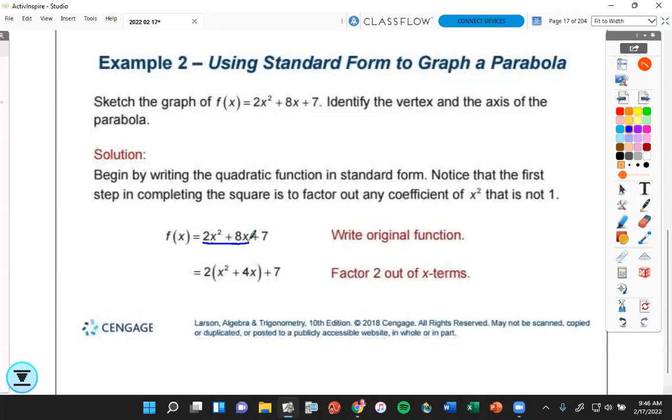We're not looking for a greatest common factor. It's got to stay a quadratic. If you factor out the x, it's not a quadratic anymore. It is, but it wouldn't look like one. So if I factor out a 2, my a is now 1. At this point, we're about to put some more information after that 4x. But right now, all they've done is factored out the 2. All right, next step.